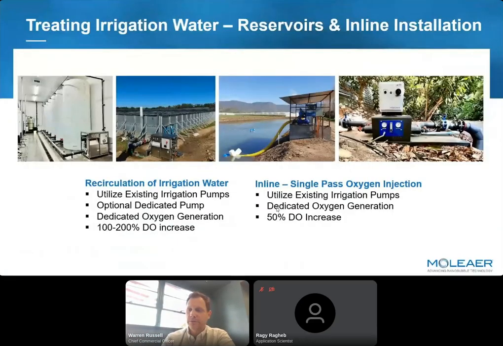Just for the sake of time, looking at the time here, I'm going to speed up a little bit to try and cover everything that we have here. Again, treating this irrigation, whether it's in a tank, a reservoir, or inline, coming back to how we think about different methods of nanobubble production, the way you can do this in the most cost-effective, efficient, and sustainable way is an important part of how to think about this.